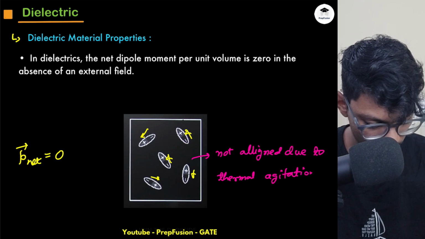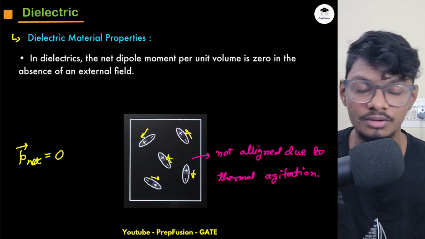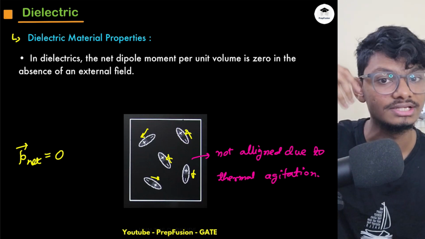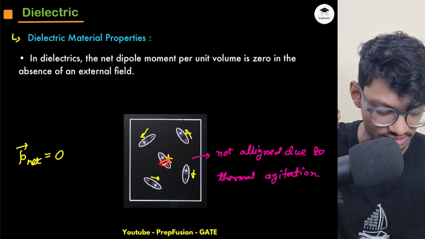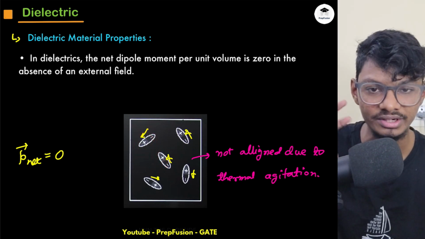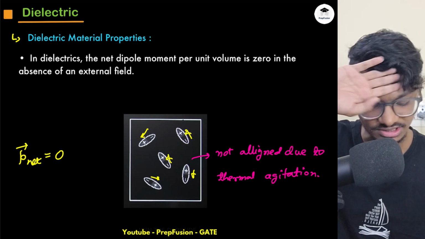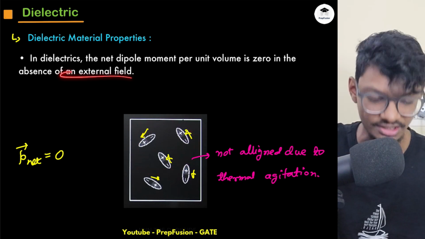They are not aligned due to thermal agitation. Why? Because at room temperature, 23 degrees centigrade, the molecules gain some kinetic energy, and due to that they move slightly, and that is known as thermal agitation. Don't need to go into much depth. Just understand that they will not be aligned when they are placed without any external electric field.